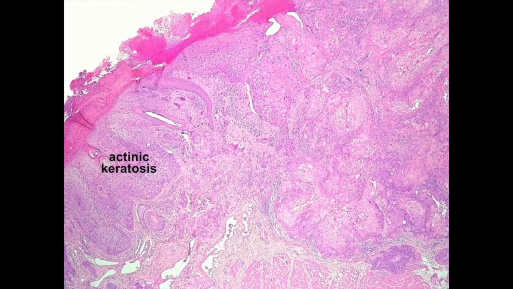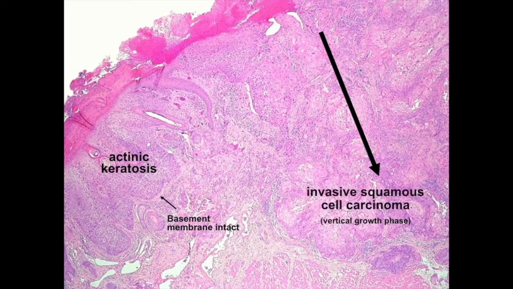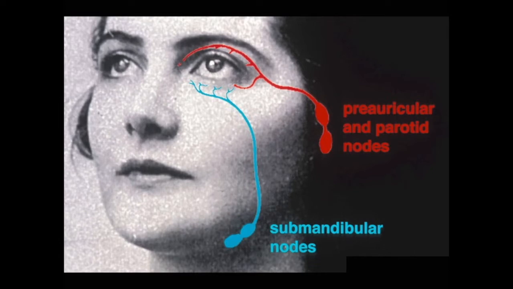Here's an example of a squamous cell carcinoma arising from actinic keratosis, or perhaps squamous cell carcinoma in situ. The basement membrane is intact. On this side, there is an invasive vertical growth phase arising from the carcinoma in situ.